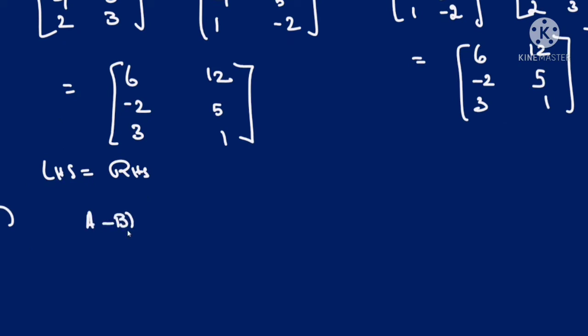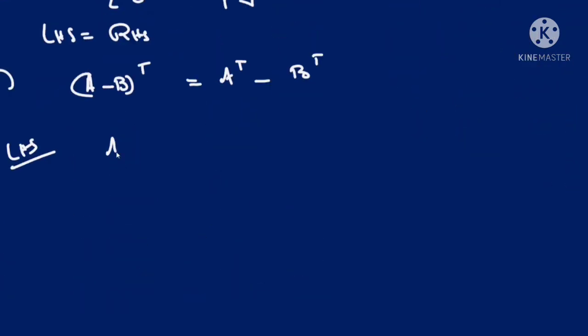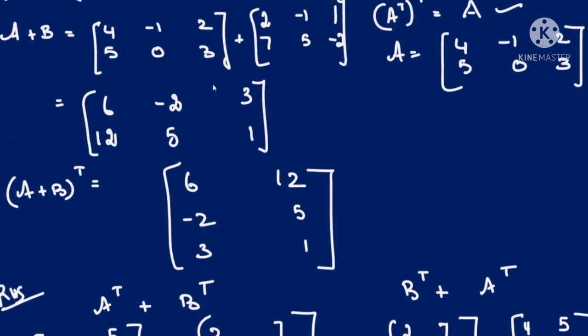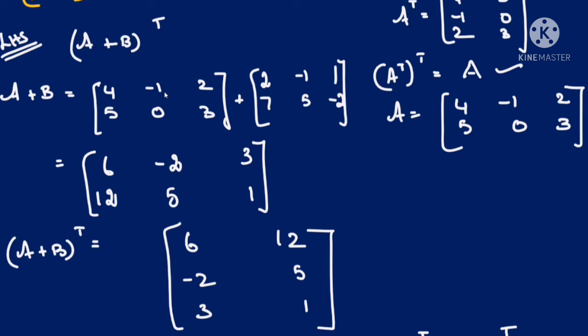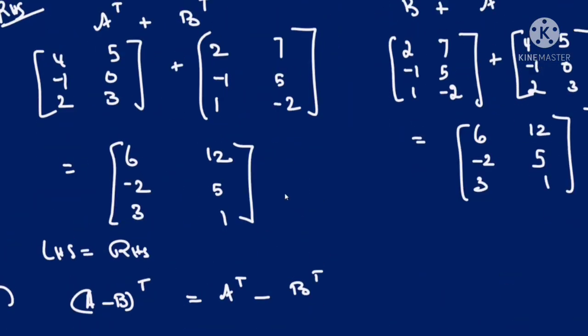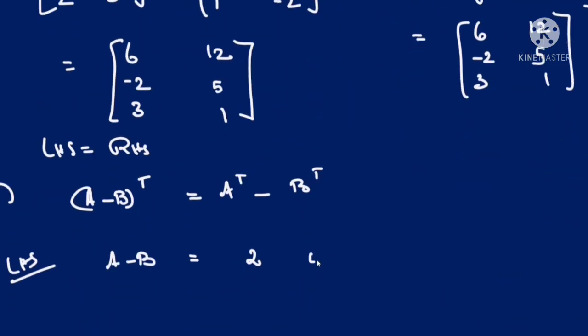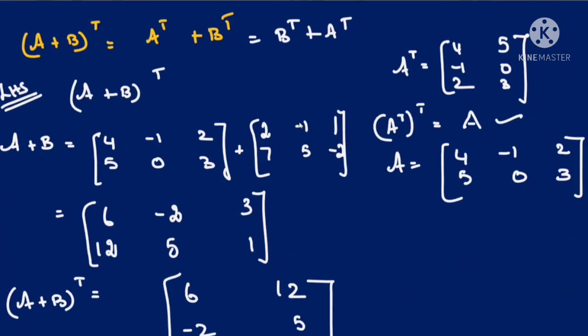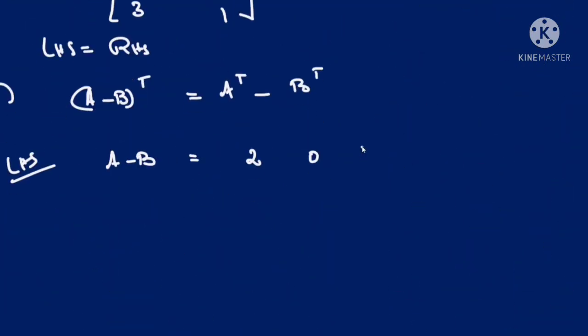Next, (A - B) transpose is A transpose minus B transpose. What is A minus B? What do you get? 4 minus 2, 2. Then -1, change the sign here, you're subtracting, so -1 plus 1, 0. Then 2 minus 1, 1.